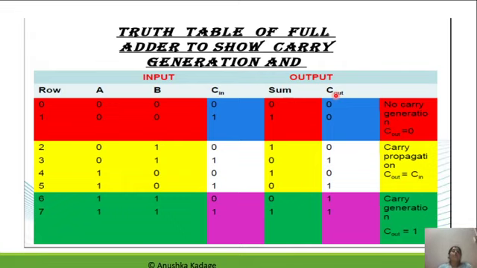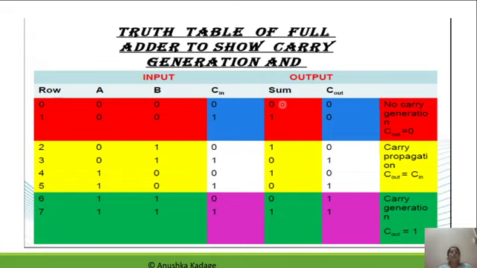So here, with 3 inputs, we will have 8 input combinations for A, B and C in. Corresponding to these A, B and C in, first the sum and C out column values have been specified by taking reference of binary addition values for these results.